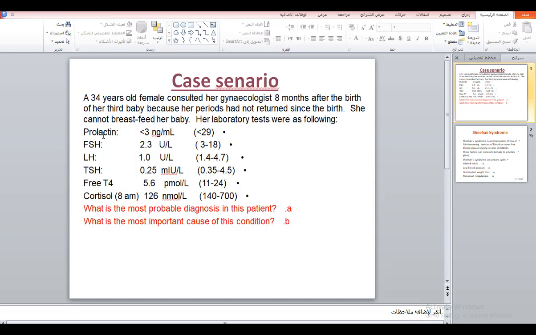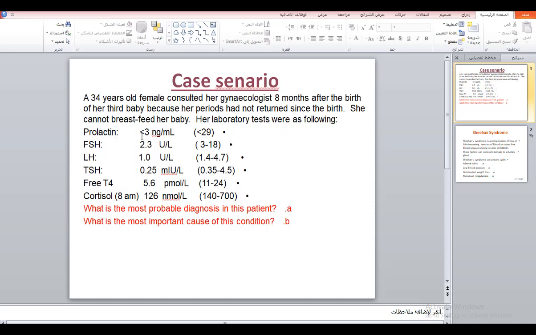Case scenario: we have a 34 year old female who consulted her gynecologist 8 months after the birth of her 3rd baby because her period has not returned since the birth and she cannot breastfeed her baby. Her laboratory tests were as follows.